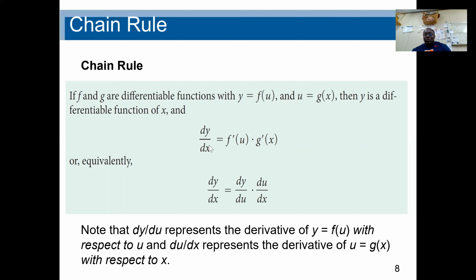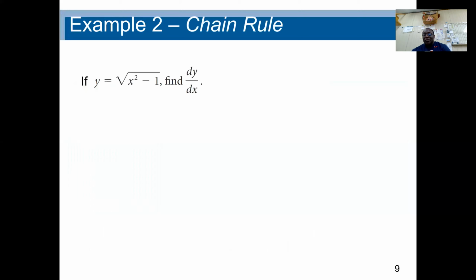We know the derivative of f at u is the same as dy du. Then the derivative of g at x will be du dx. Here we should know that dy du represents the derivative of y equal to f at u with respect to u, but du dx represents the derivative of u equal to g at x with respect to x.